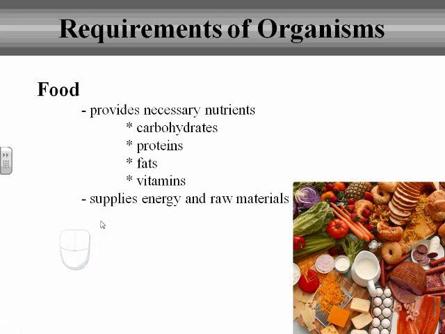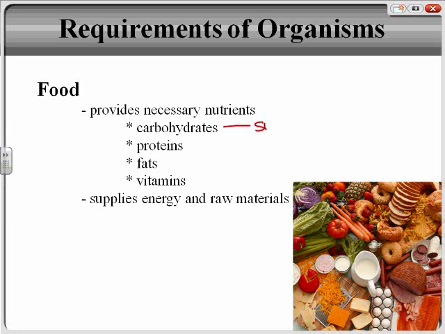Food, pretty straightforward. You need carbs, proteins, fats, vitamins. This is basically everything that your body operates on. We talked about carbs. We know that what we're talking about is sugars, complex carbs being polysaccharides, disaccharides, monosaccharides. We're talking about proteins, fats.